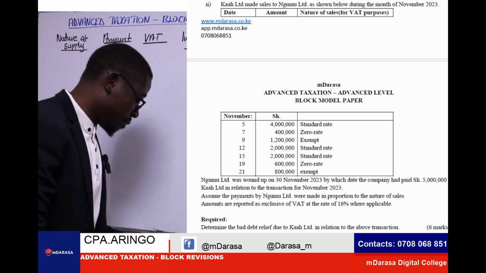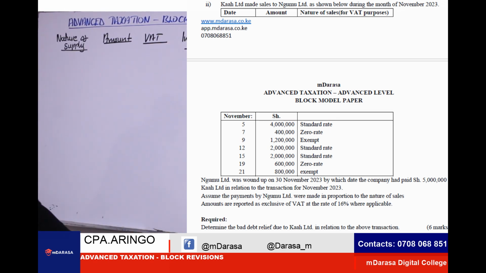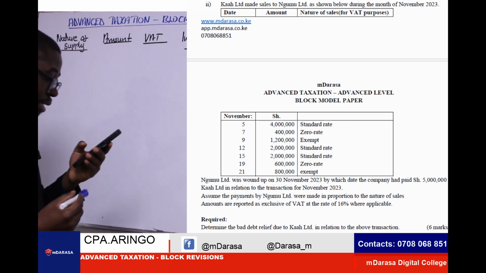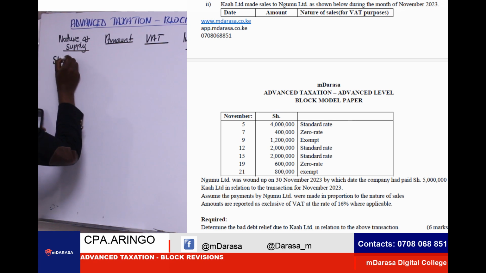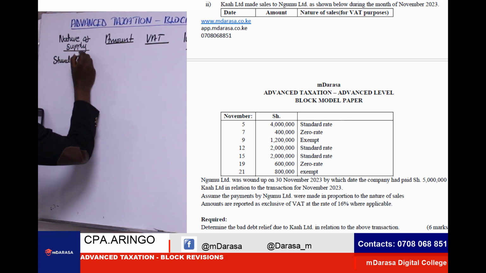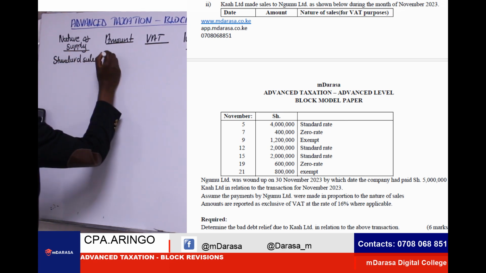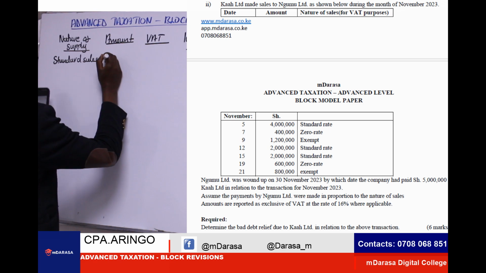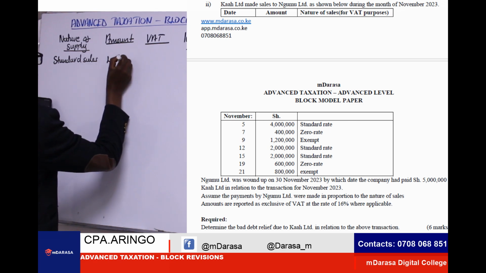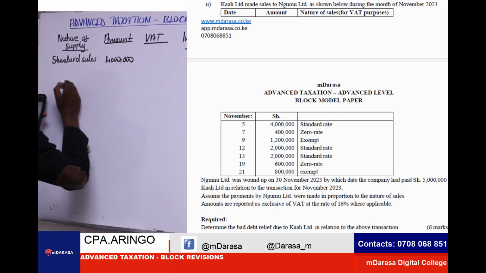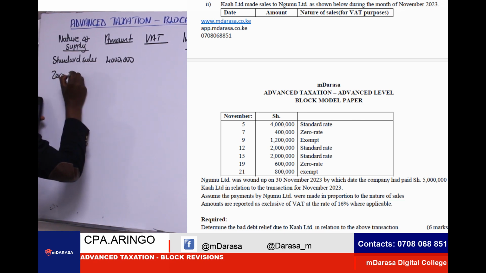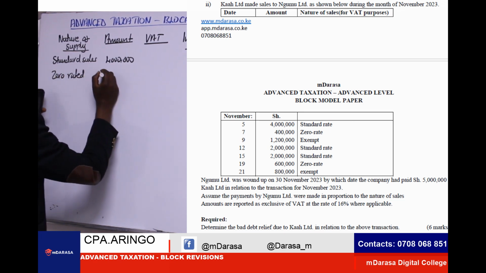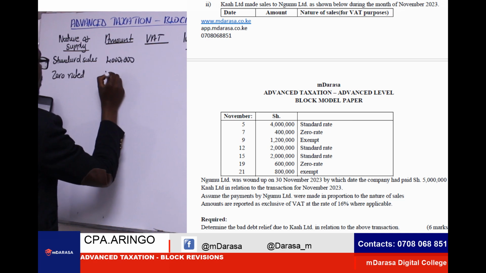Our task will just be a matter of copy pasting. In this case, the first point you are given is the standard sales, with a value of 4 million. We have the zero rated sales, with a value of 400,000.